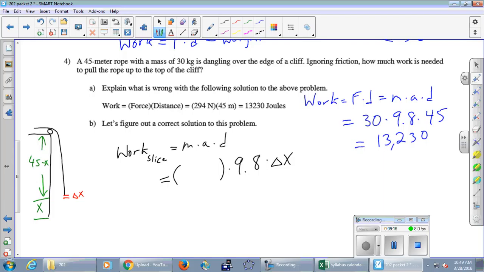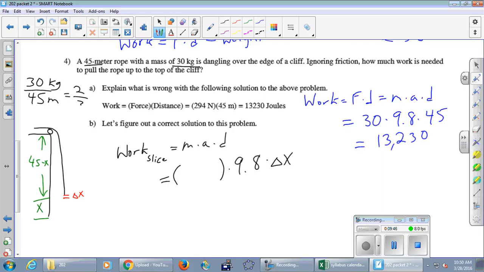Okay, so the mass is where the complication is. We're trying to figure out how much the mass of the leftover rope is at any particular moment. Okay, so let's see. I know that I have 30 kilograms spread out over 45 meters. So 30 kilograms over 45 meters. What's a good name for that fraction? It is 2/3. It is a ratio.